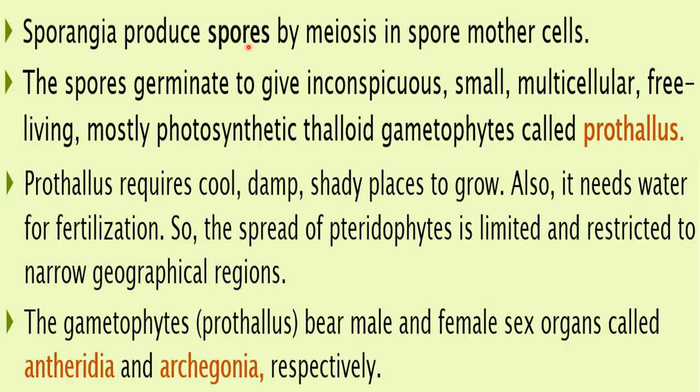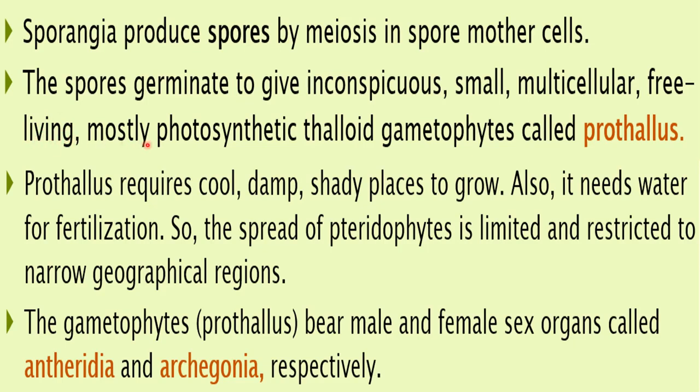After that, what will happen with the spores? The spores germinate to give rise to an inconspicuous structure, meaning very small in size, not easily noticeable. It is small, multicellular, made up of more than one cell, and free living, not attached to the sporophyte.